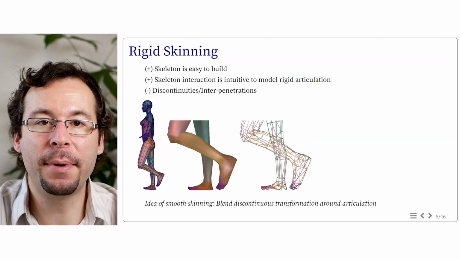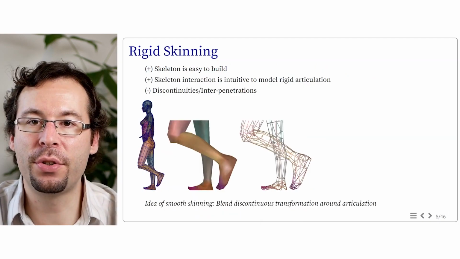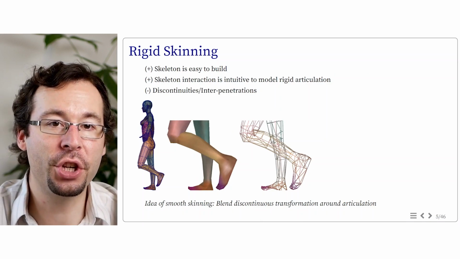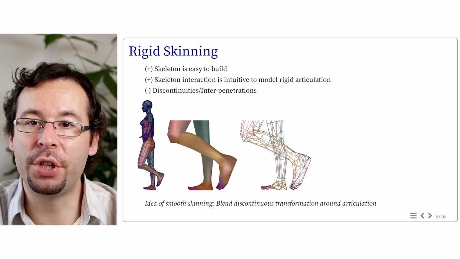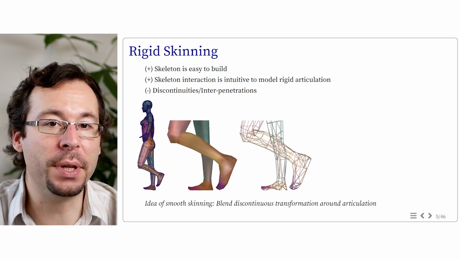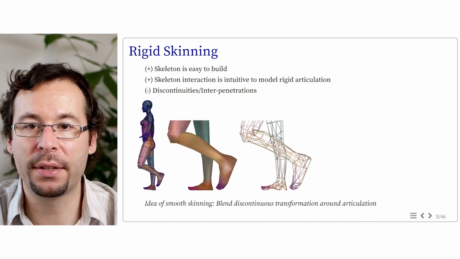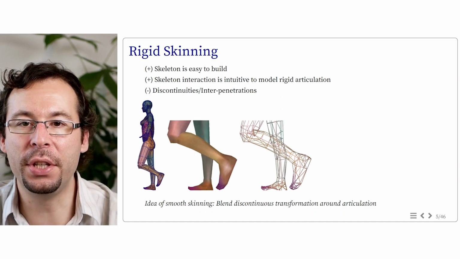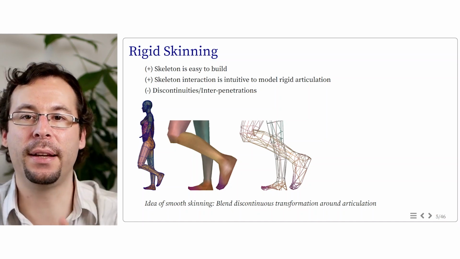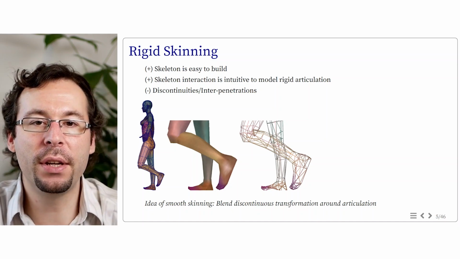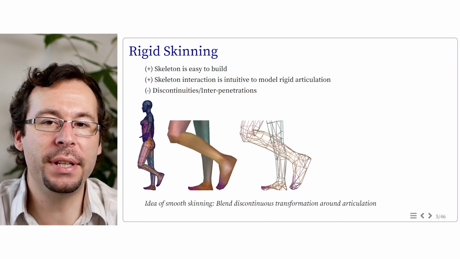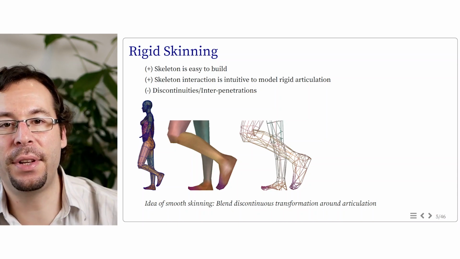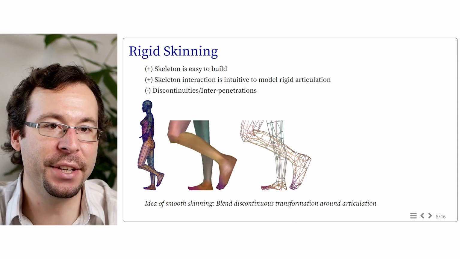So this method has some advantages. First, it allows us to articulate an arbitrary mesh on a skeleton, which is something easy to build and quite intuitive to manipulate. Using a skeleton, we really have the feeling of manipulating directly the limbs of a character. However, using the rigid skinning formulation leads to artifacts, as the deformations are piecewise rigid.